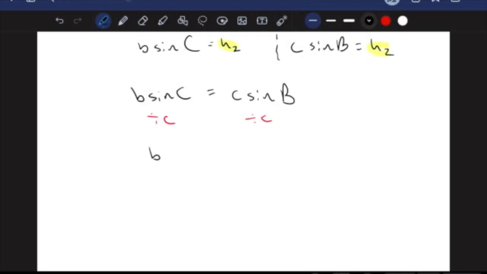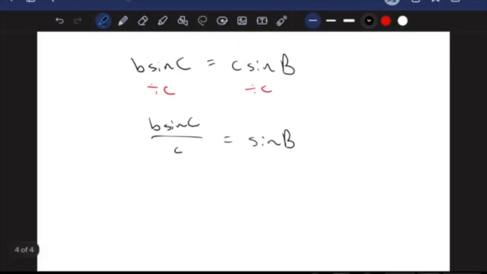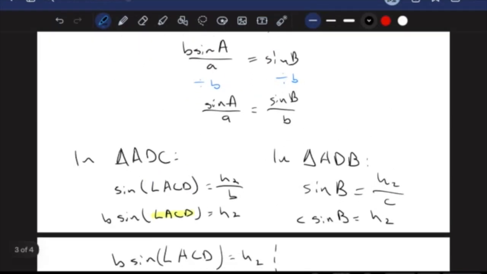This gives me B sine C over C equals sine B. And finally dividing both by B, I'm going to get sine C over C equals sine B over B.